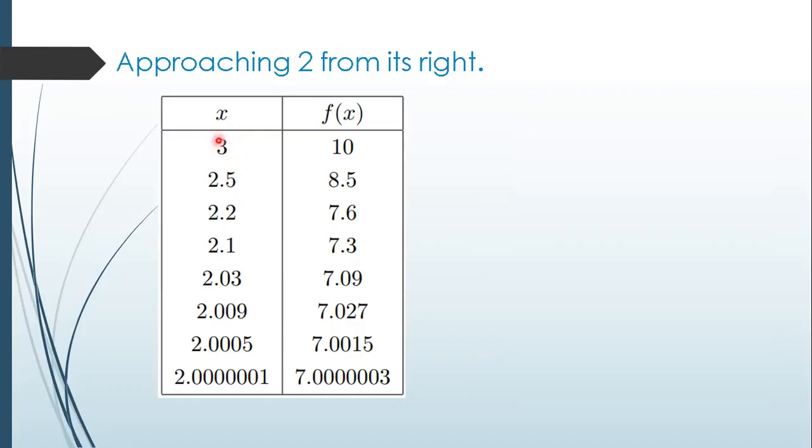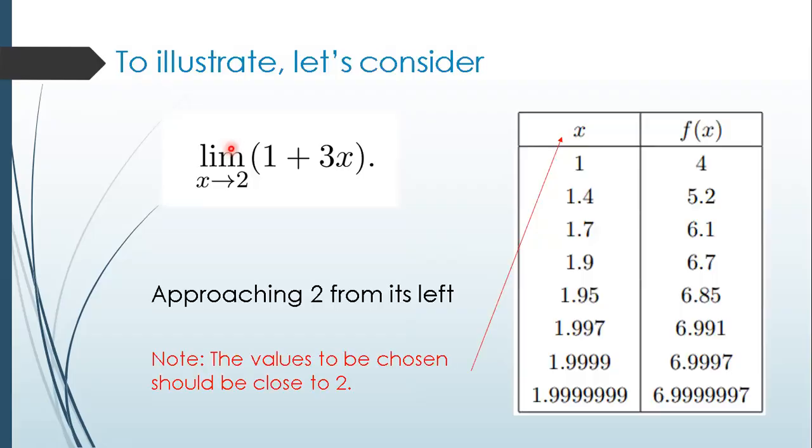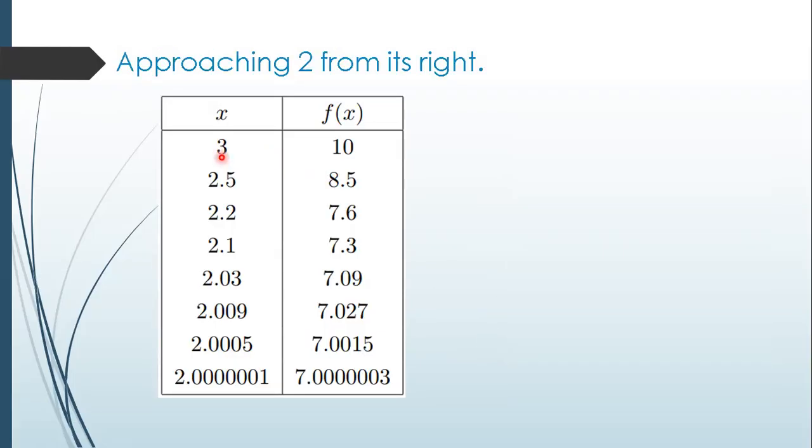As we substitute the value of 3 into our function, 1 plus 3x, that's 1 plus 3 times 3, which is equal to 10. If you want to double check the other values of x that I input here, you can use your calculator, and these will be the results.